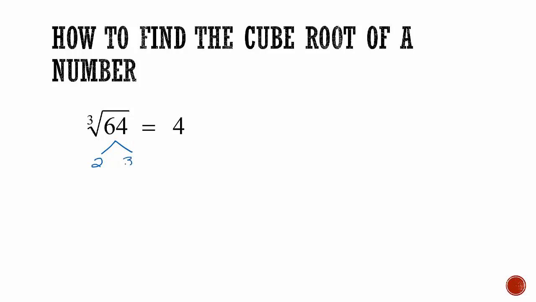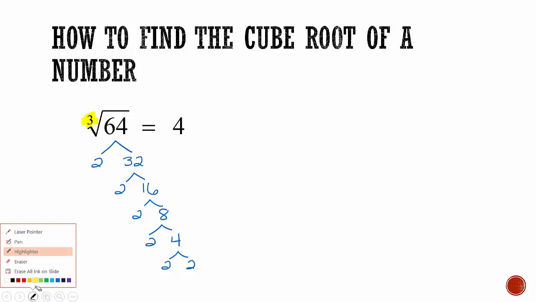Well, 2 times 32 is 64. If we keep going, 2 goes into this 16 times. And if we keep going, 2 goes into this 8 times. 2 goes into 8 4 times, and 2 goes into 4 twice. So 2 times 2 times 2 times 2 times 2 times 2 is 64.